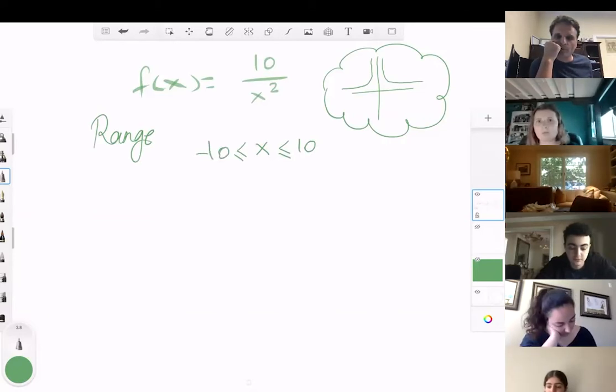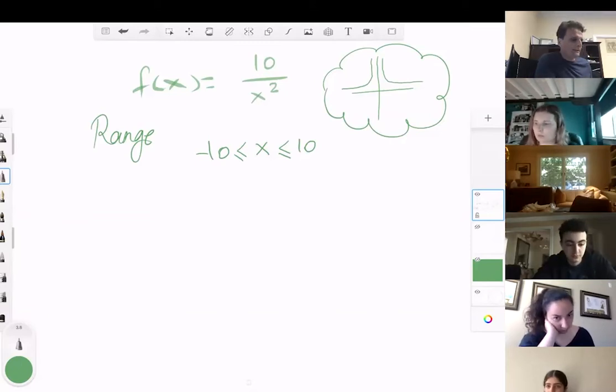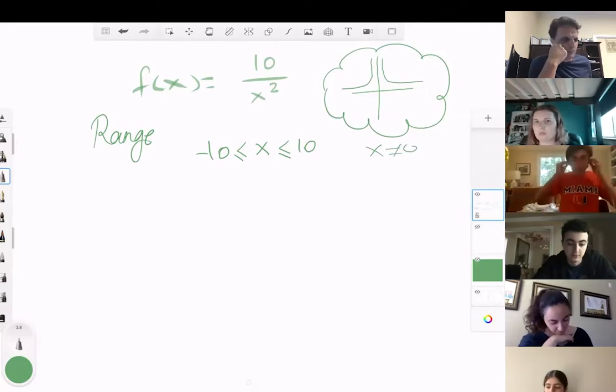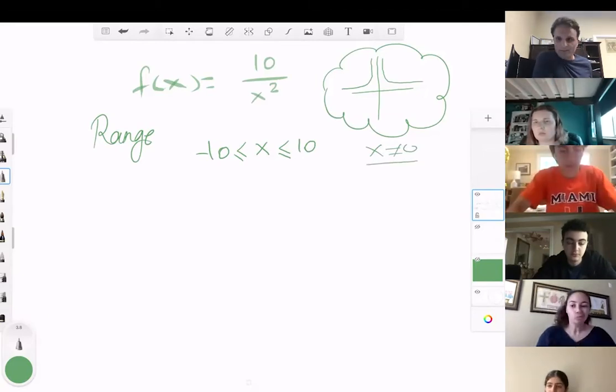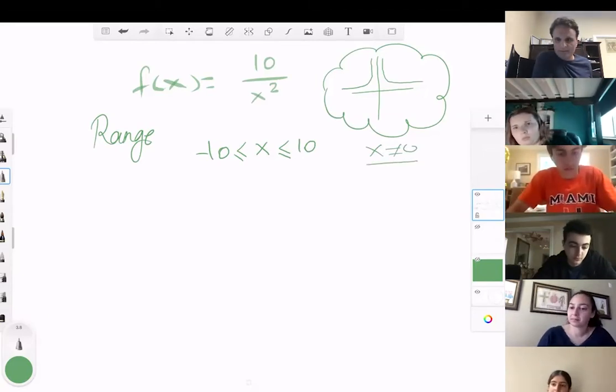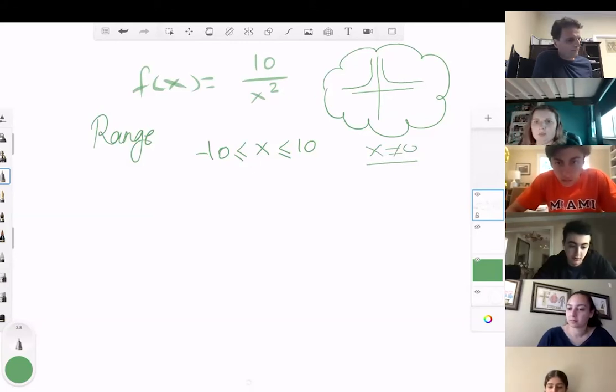Are you sure? Yeah, I'll double check too. They said X cannot be 0 somewhere? Yeah, that's what the domain was on the homework. So they said X cannot be 0 as well. It didn't say that exactly.